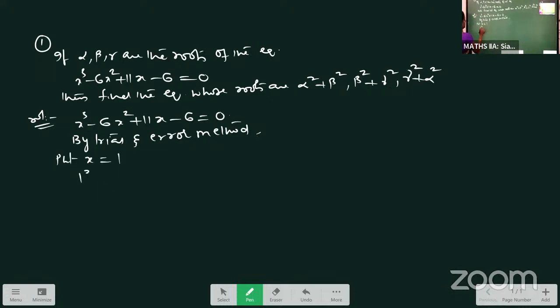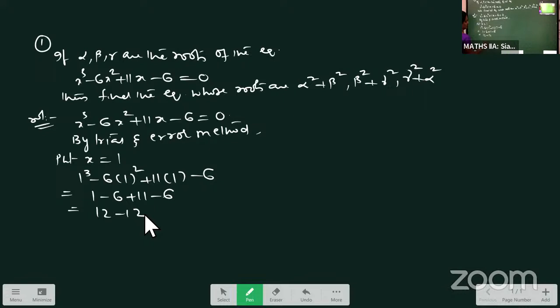Then 1 cube minus 6 into 1 square plus 11 into 1 minus 6. Then 1 minus 6 plus 11 minus 6. That is 12 minus 12, which is 0. So x is equal to 1 is one of the roots of this equation. Therefore we can take alpha is equal to 1.